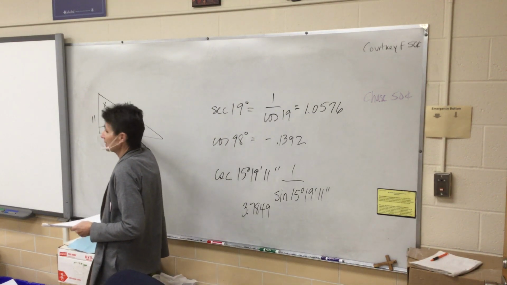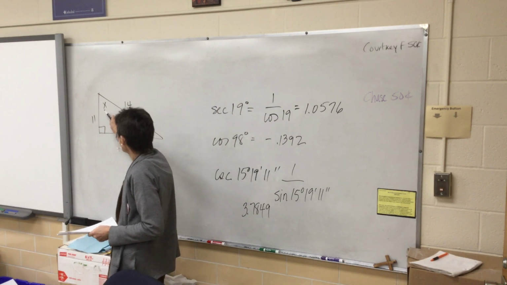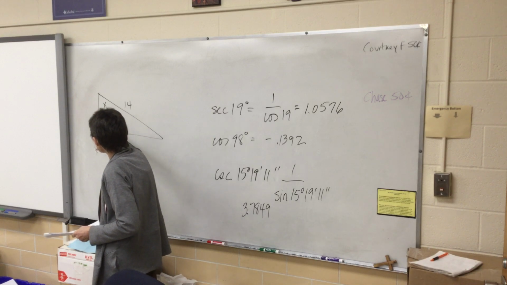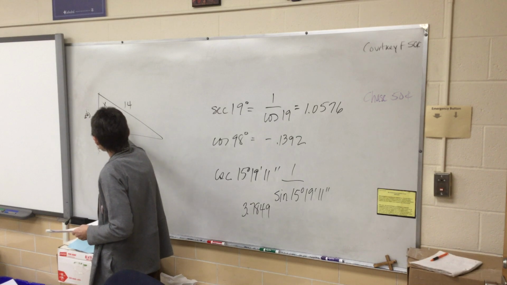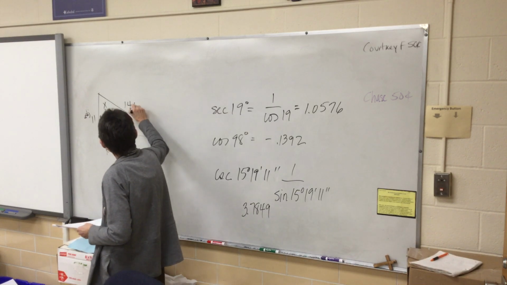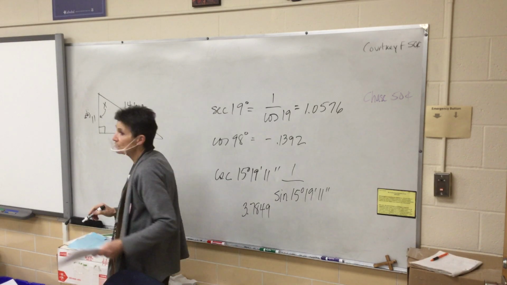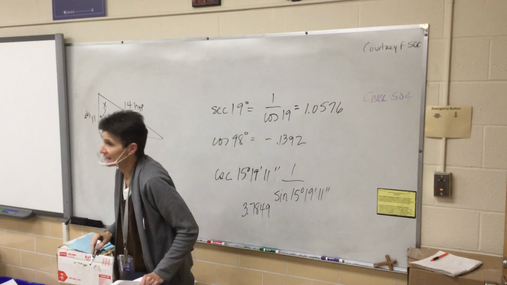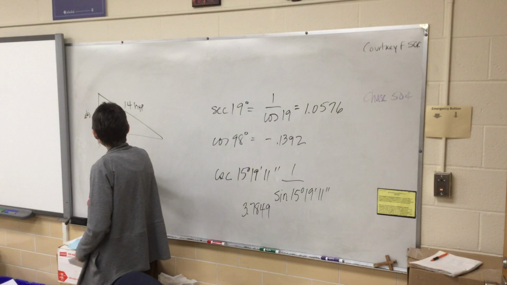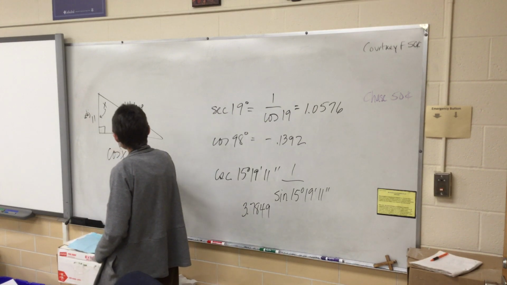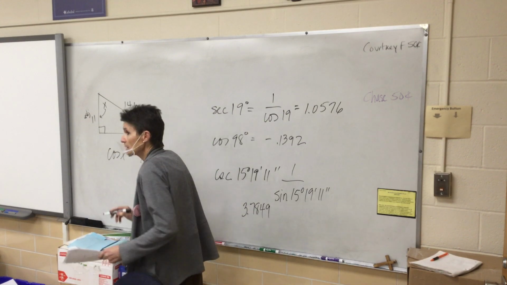Which side is this? Adjacent. Which side is this? So which function will we use since it's adjacent and hypotenuse? Cosine. So cosine x equals 11 over 14.